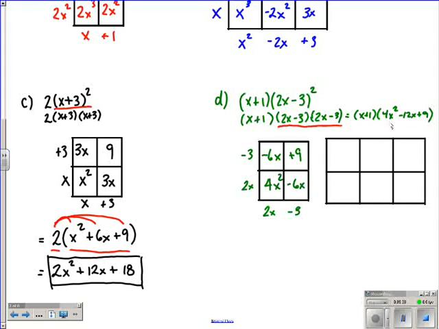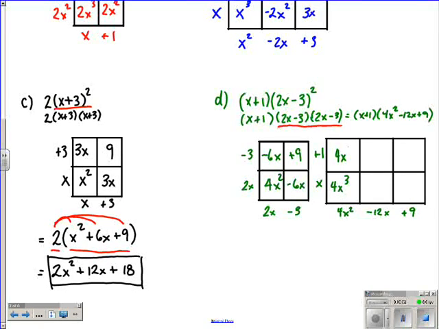So we've got x plus 1 and we've got 4x squared minus 12x plus 9. Go ahead and multiply this. 4x squared times x, 4x to the third.